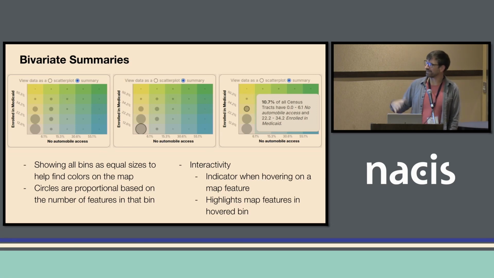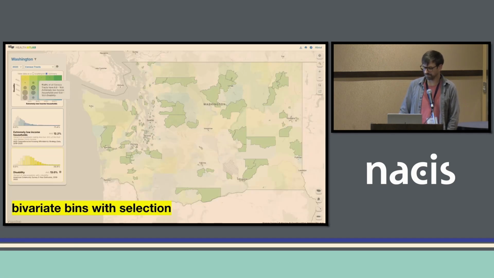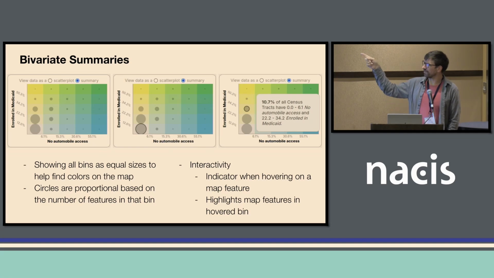When you hover over a map feature, it's indicated which cell that feature is in, and vice versa. When you hover over one of these cells, you highlight all those features on the map, like this. You also get a quick little summary of what the ranges for those values are within that cell.